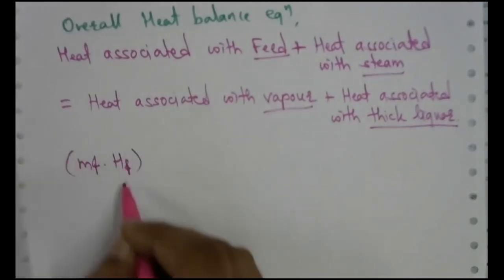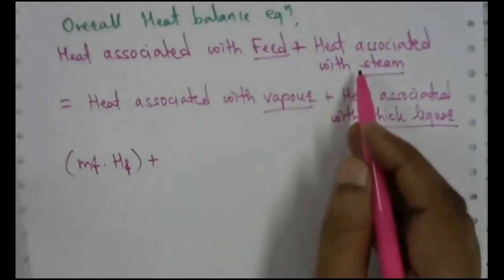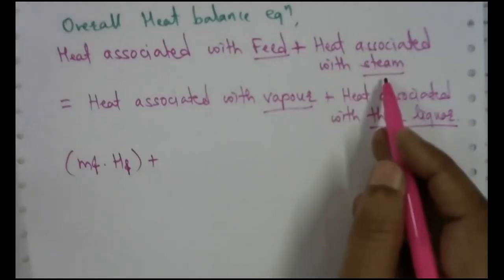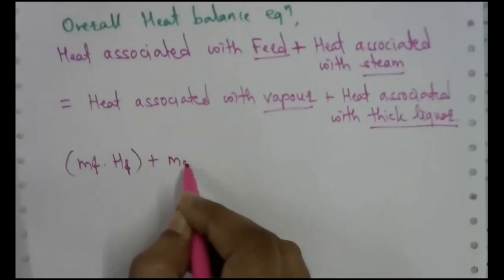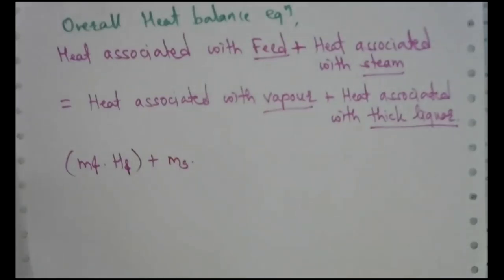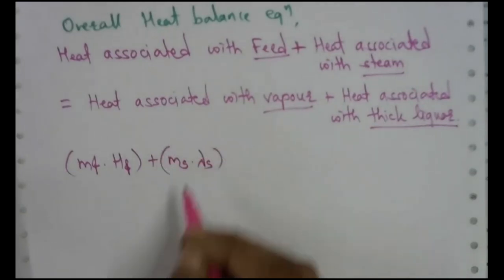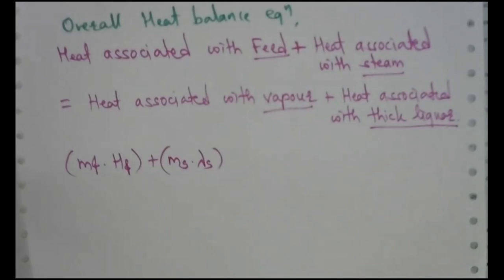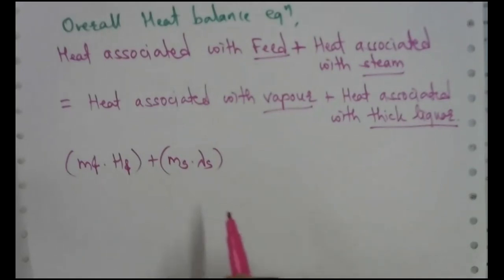Then the second term is heat associated with steam. So the mass flow rate of steam is indicated by Ms, and heat associated with steam is lambda S. So we have already discussed that steam is in vapor or gaseous form, and there is a change of phase. That is why we have to use this latent heat symbol, that is lambda.